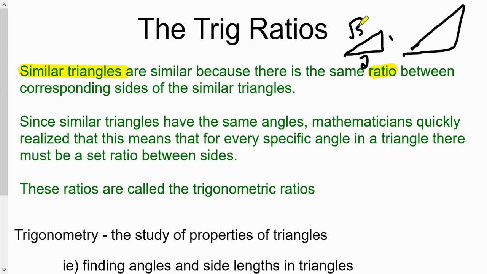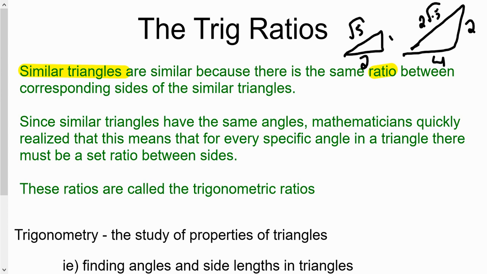If this was a similar triangle, say it was twice as big, this is 2, this is 4, and this would be 2√5. So everything here is equally related to each other. The bottom length is twice as big as the side, the hypotenuse is twice as long. These would be similar triangles.